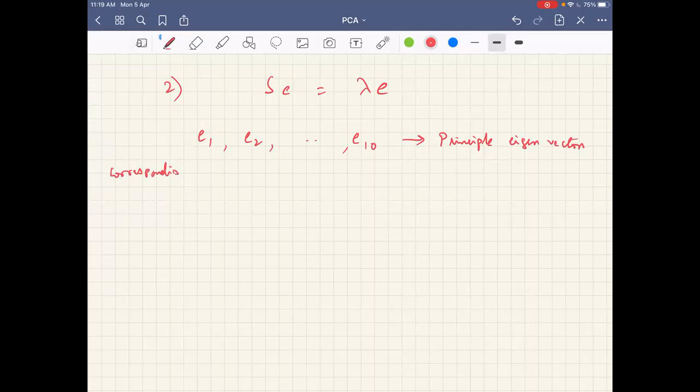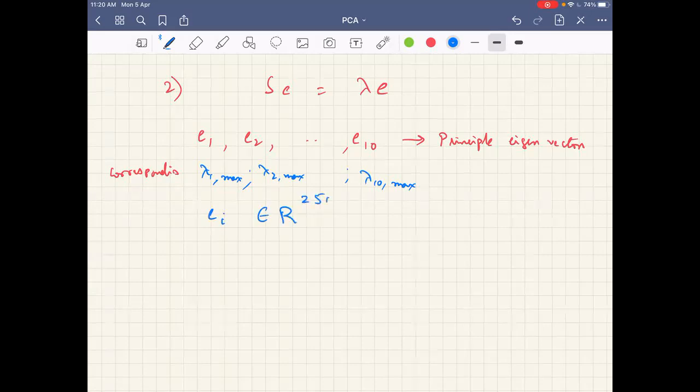They contain the majority of the information. They correspond to lambda 1 max, lambda 2 max, and so on up to lambda 10 max. Now what are the dimensions of E1 to E10? 2500 by 1.